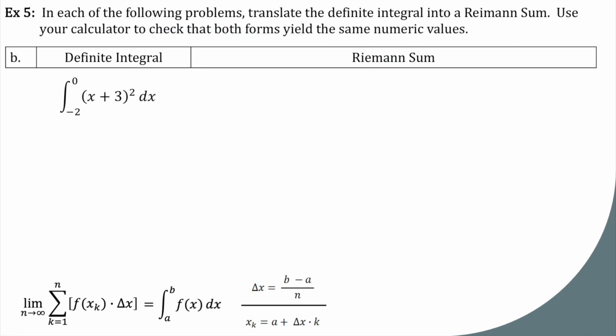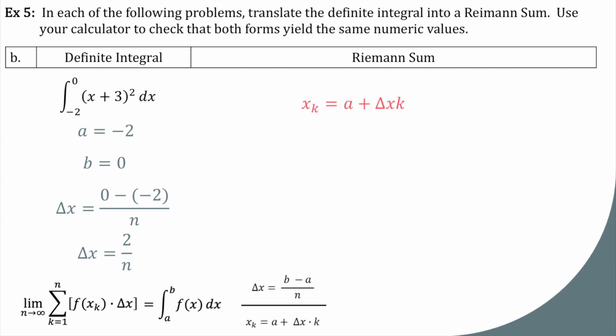All right, let's try another one. Starting point is -2. Ending point is 0. So our delta x is b minus a, 0 minus -2 over n, which is 2 over n, again. Our x sub k would be starting point plus delta x k. So -2 plus 2 over n times k.